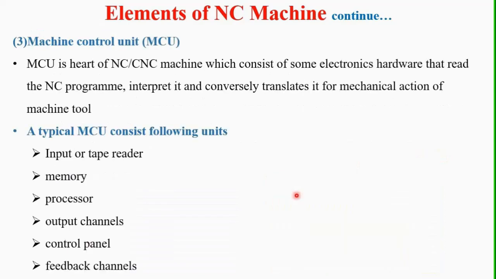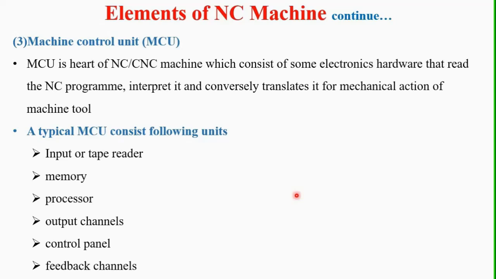The next element of this NC machine is the MCU, the machine control unit. The MCU is the heart of the NC or CNC machine, which consists of some electronics hardware that reads the NC program, interprets it, and translates it into mechanical action of the machine tool.